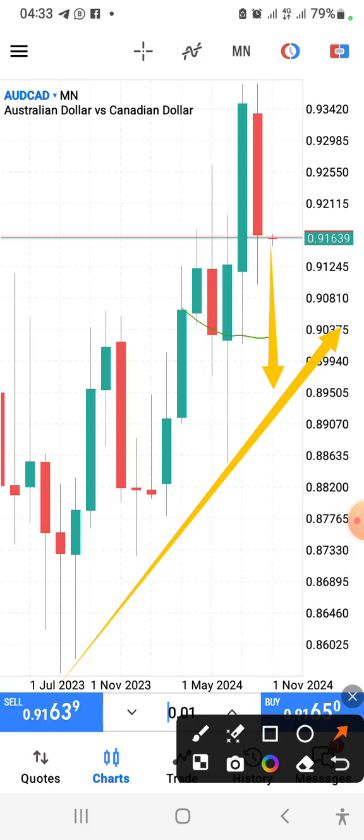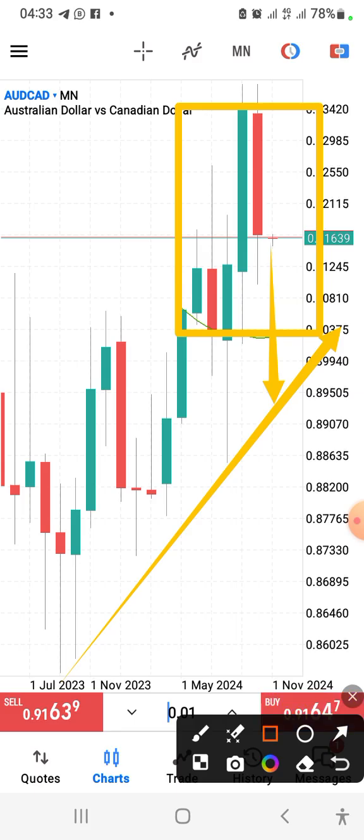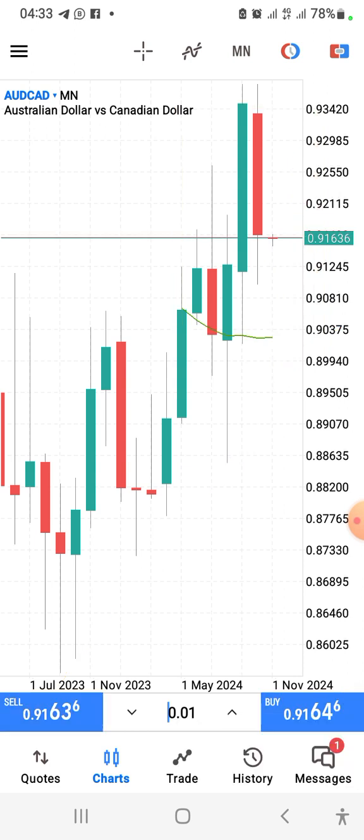The moving average has appeared, telling us that the candlestick is above it. So there might be a pullback to touch the trend line before going up. So for the month, we are looking at doing what? Buying.